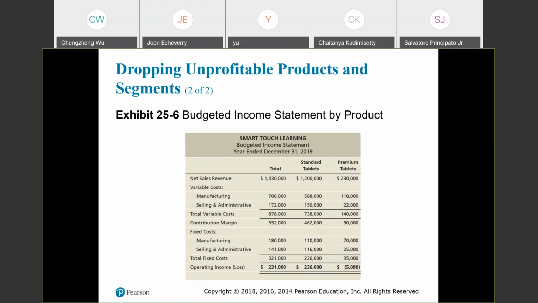This slide shows the company's budgeted contribution margin income statement by product, assuming that the fixed costs are shared by both products.